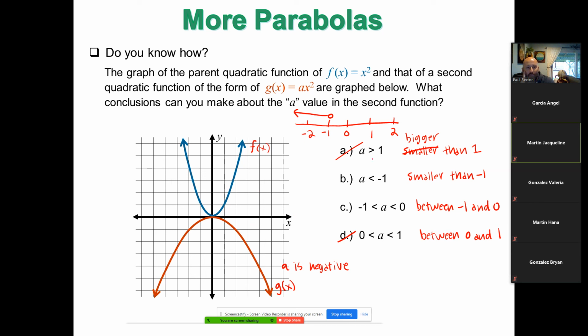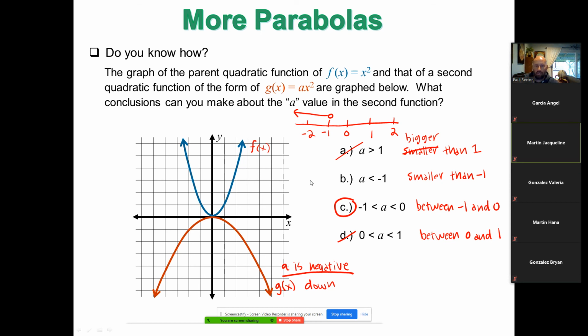So these answers would all be opening down, but really skinny. So it needs to be a decimal. It needs to be between 0 and 1, but we add that negative to it because it opens down. Okay, so my answer is going to be C on that.